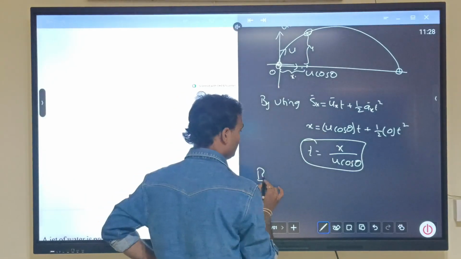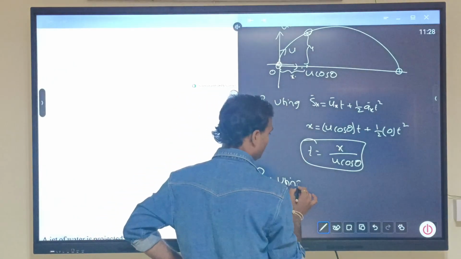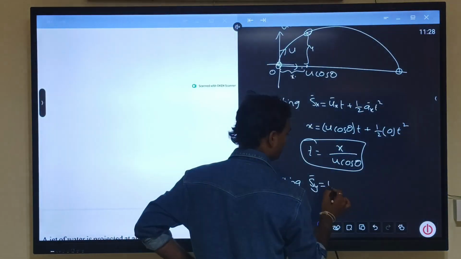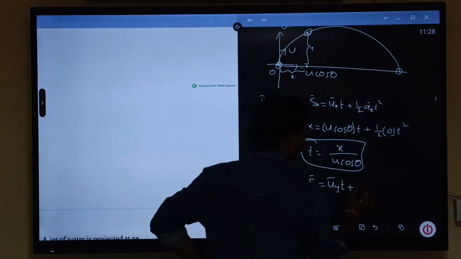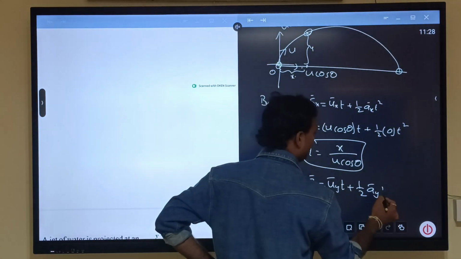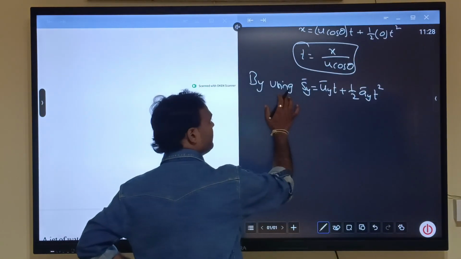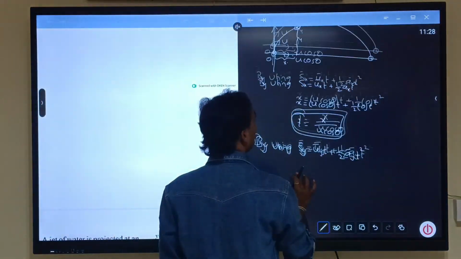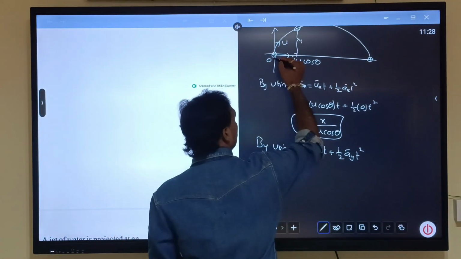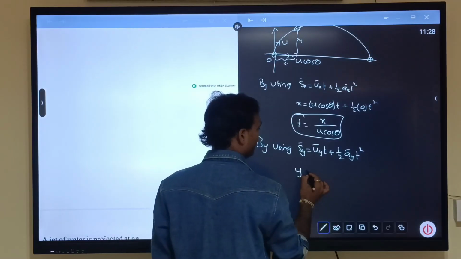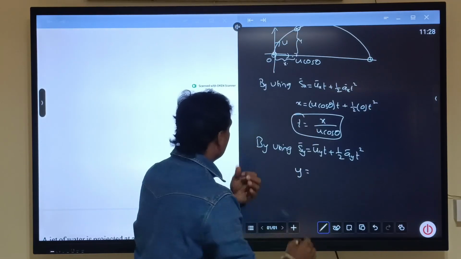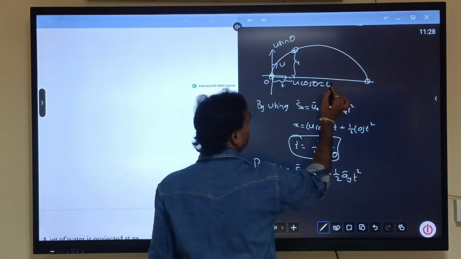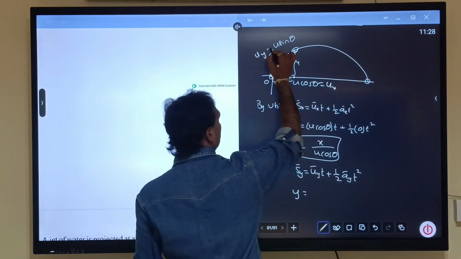Similarly, by using Sy is equals to uy t plus half ay t square. Then Sy is the displacement on y-axis, that is y is equals to initial velocity on y-axis. This is initial velocity on x-axis, this is initial velocity on y-axis.